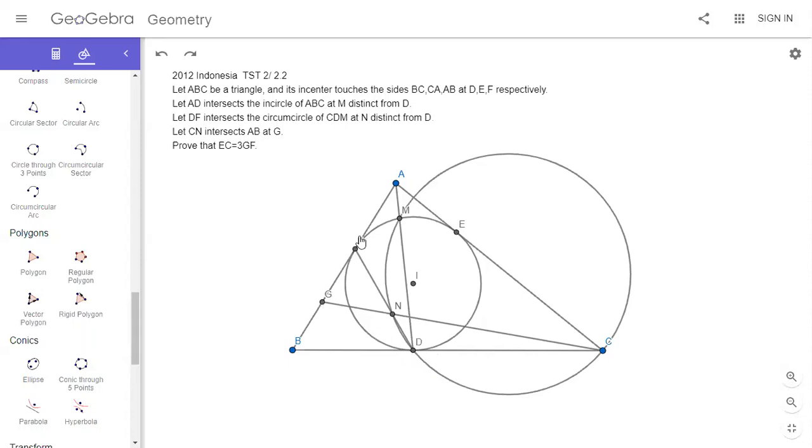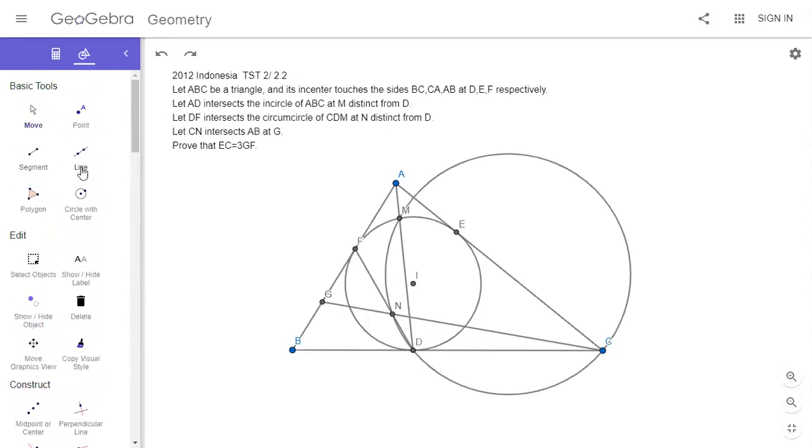We could use Menelaus the other way. So FG over BF times BD over DC times CN over NG is 1. And FB is equal to BD, so that simplifies things a lot. So basically, I think we want to show CN is 3NG.